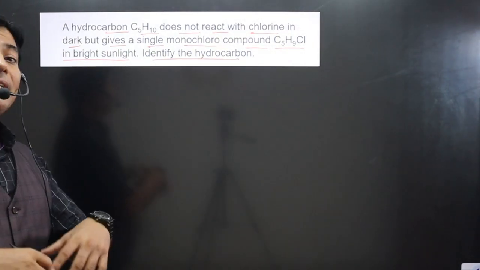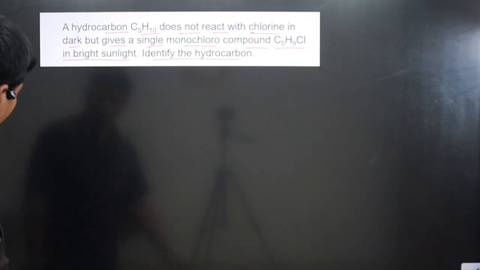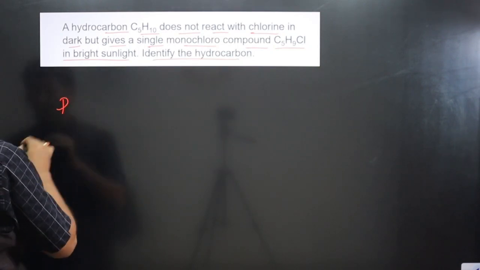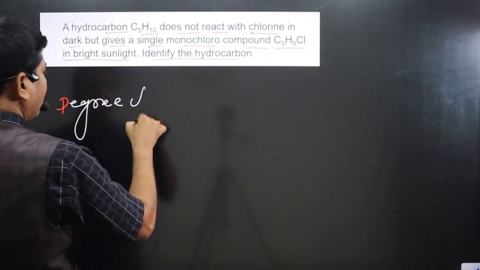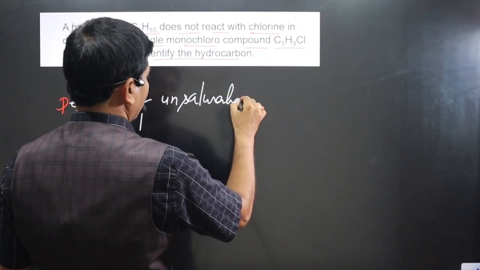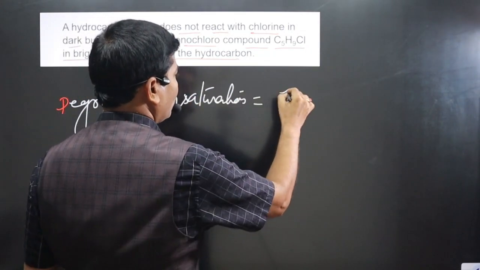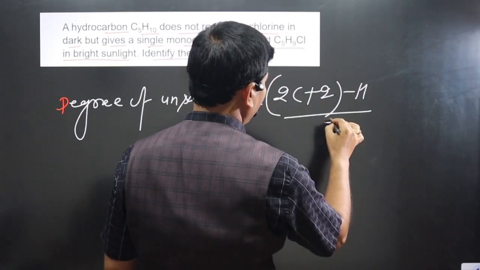To identify the type of the compound, we can first calculate the degree of unsaturation. The formula for degree of unsaturation is (2C + 2 - H) divided by 2.